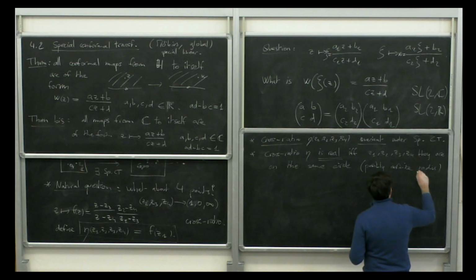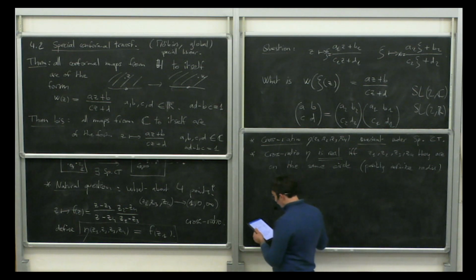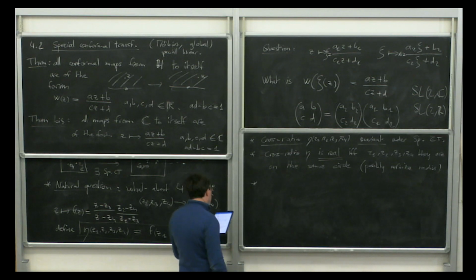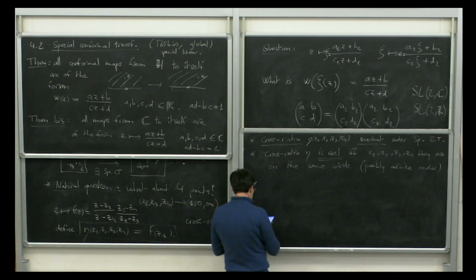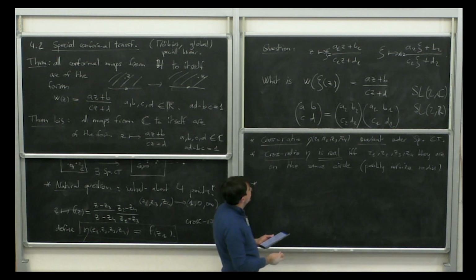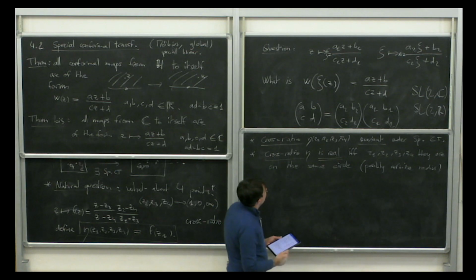Okay, and the last thing, very last thing I want to say, and then we finish. We are looking at this cross ratio because it seems to be a natural quantity to consider when we think about those global conformal transformations.